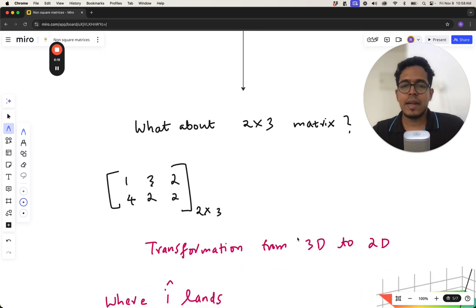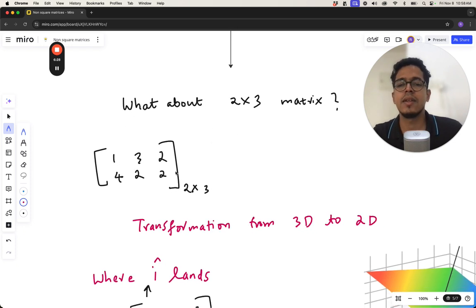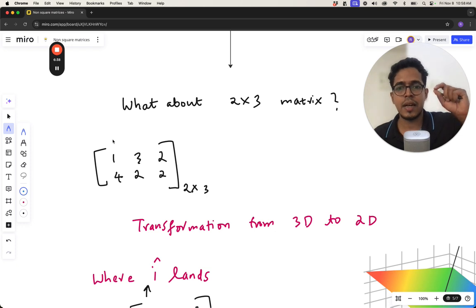Now let's look at another example, which is the other case of a 3x2 matrix. So now we have a 2x3 matrix instead of a 3x2 matrix. So you have 2 rows, 3 columns. And again, each column corresponds to where the original unit vectors land. Since there are 3 columns, there are originally 3 unit vectors, which are i cap, j cap, and k cap.